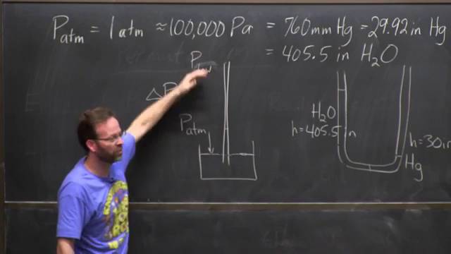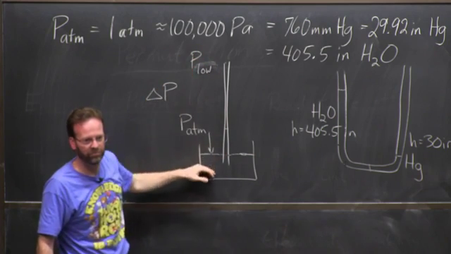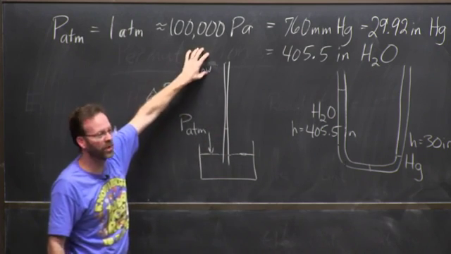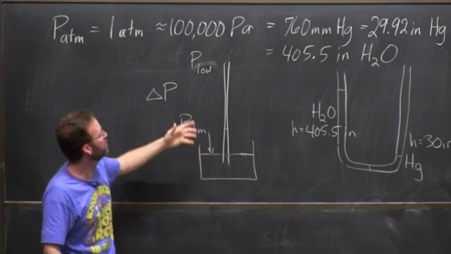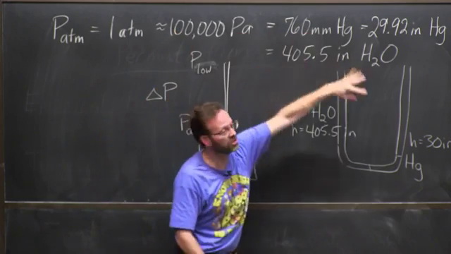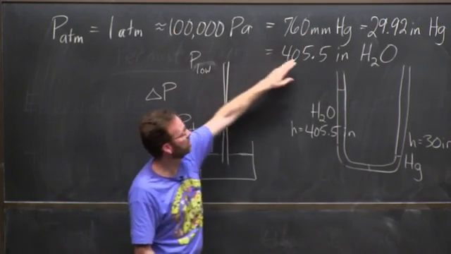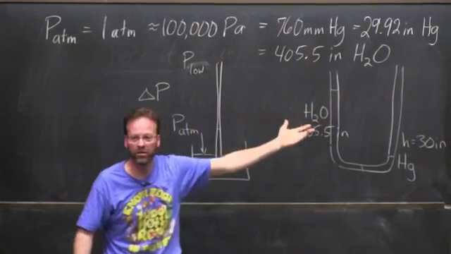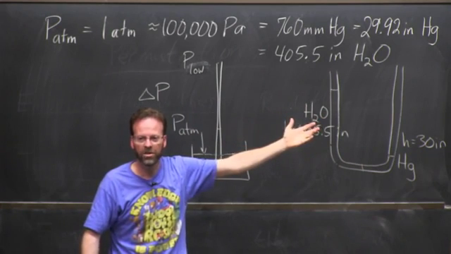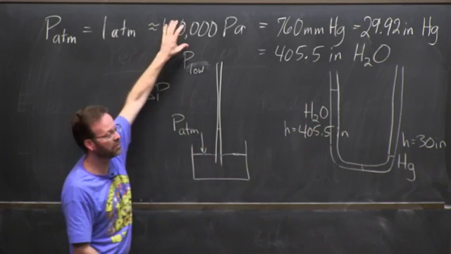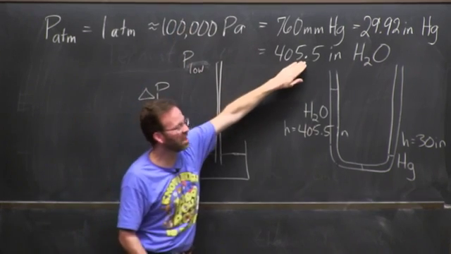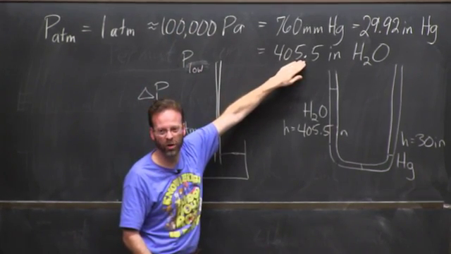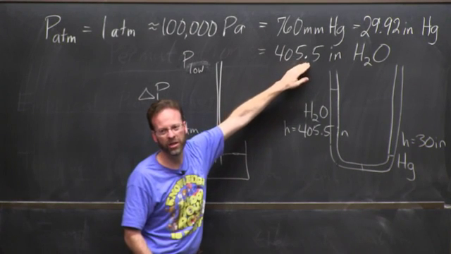So what would the difference in pressure be, if it's 0 up here and an atmosphere down here? 1 atmosphere, or 100,000 pascals. And that's the same pressure that this amount of water would exert. So that difference in pressure, 1 atmosphere, could only lift up that much water. It couldn't lift up any more. So that's how high your straw would be.